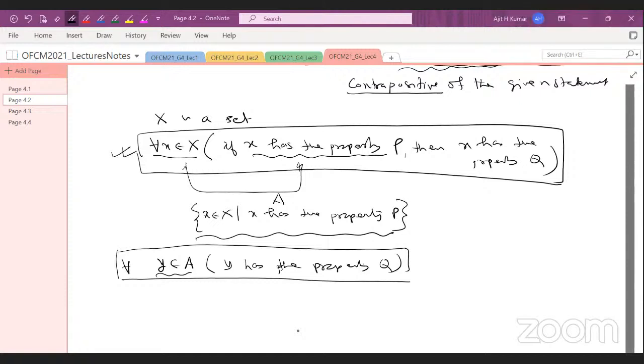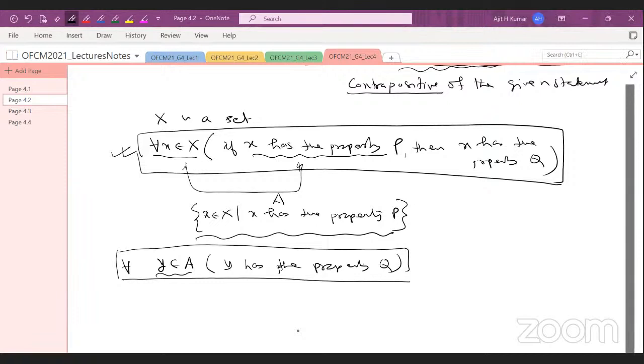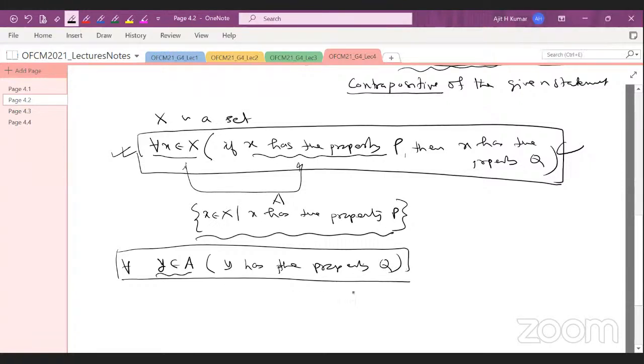It satisfies the property P. Now, what was the given statement? If x satisfies property P, then it will satisfy the property Q. That is the first statement, right? So that's what I have written. If y is in A, it has to satisfy the property P, and therefore it has to satisfy the property Q. Is that clear, Atul? Yes, sir. Okay, fine. Good.